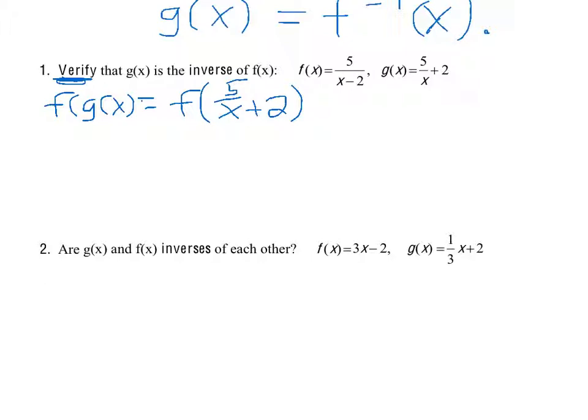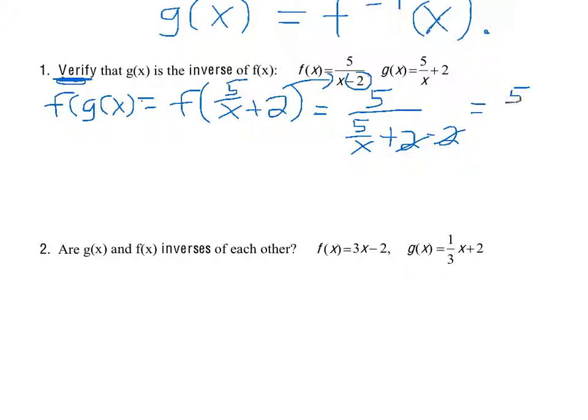So I'm going to take this whole quantity and plug it right into this x. So this is going to equal 5 over, and then on the bottom I put in 5 over x plus 2, and then this minus 2, I bring down. Now these 2's in the bottom cancel out.